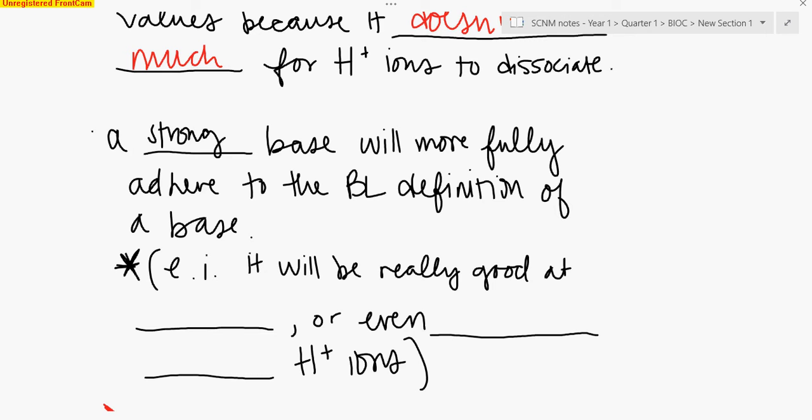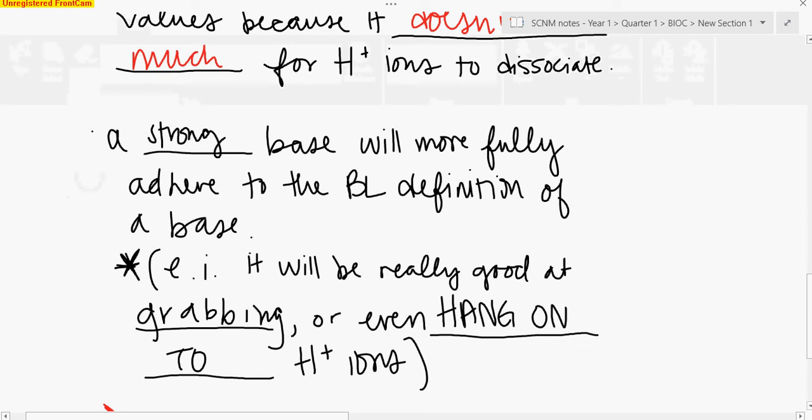So this means that our Bronsted-Lowry base will be really good at grabbing, or alternatively, really good at hanging on to hydrogen ions.